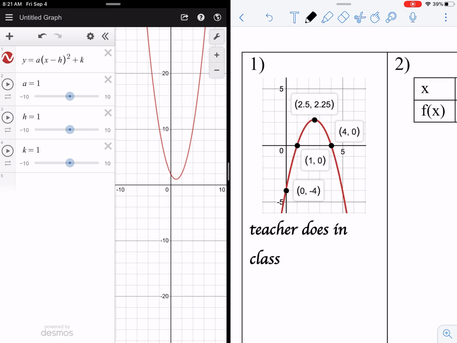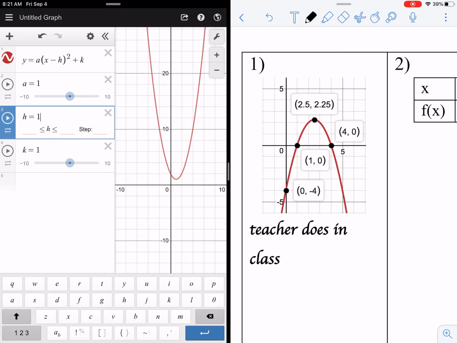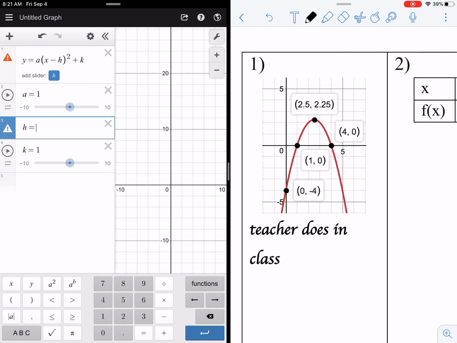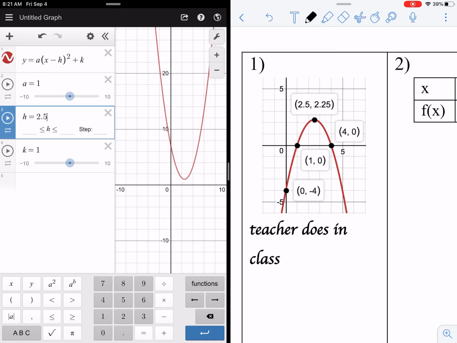our a value we don't know quite yet. Our h value is our vertex x, which is 2.5. Our k value is 2.25.